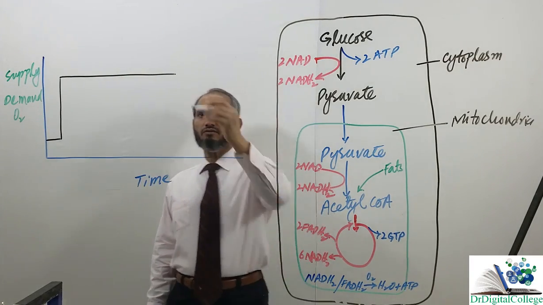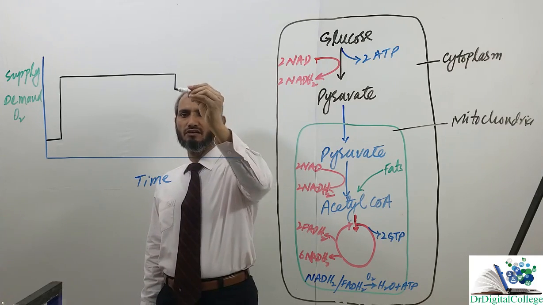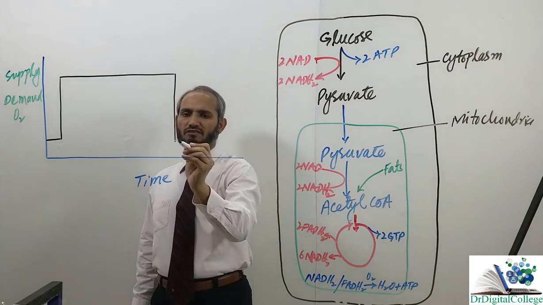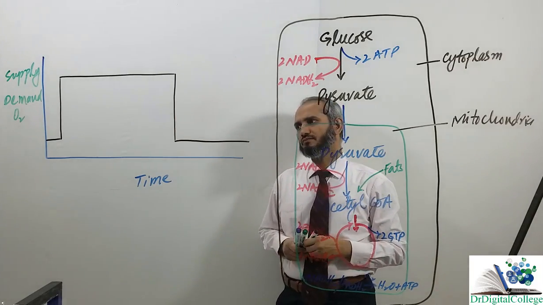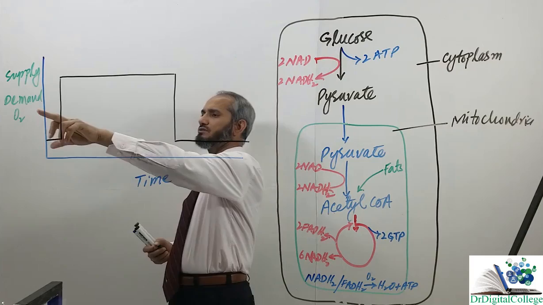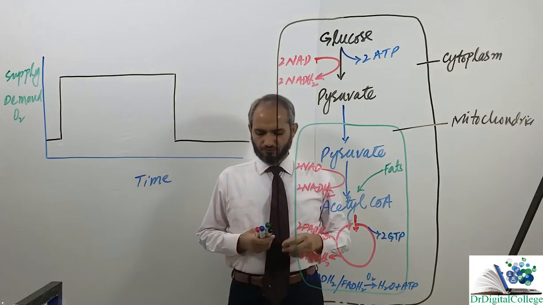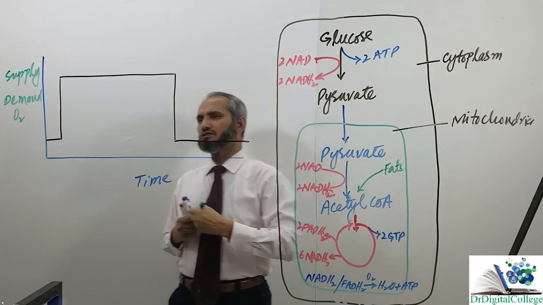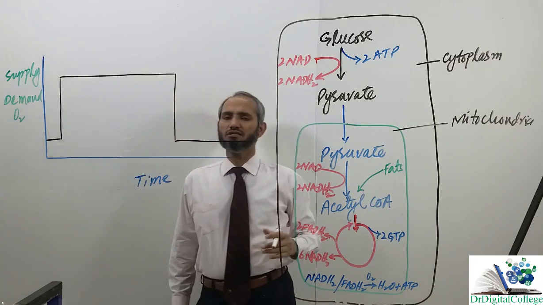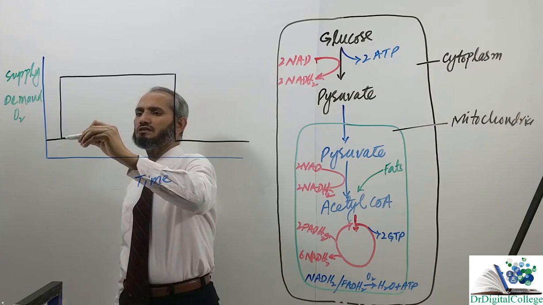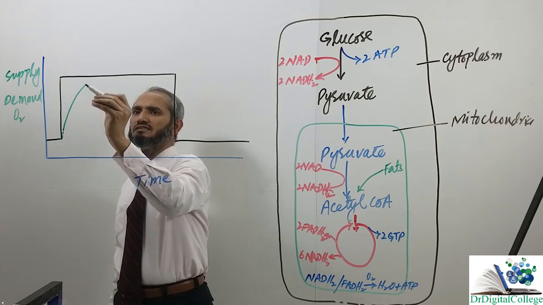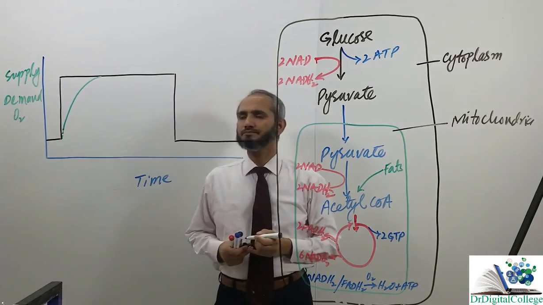And then when we end exercise, it will come to normal once again. Now if we talk about the supply of oxygen, you know that the supply of oxygen is not immediately increased up to the demand. The supply of oxygen increases gradually like this.